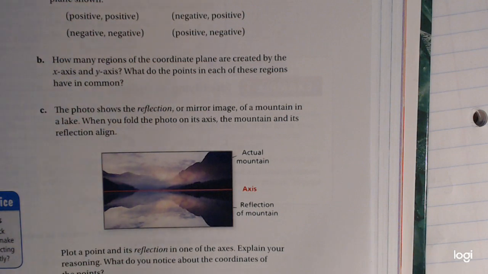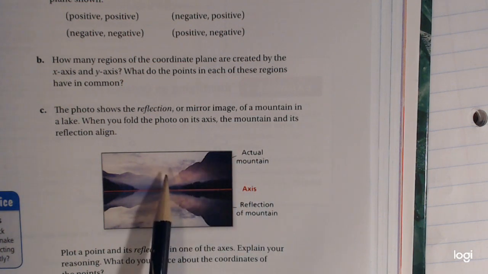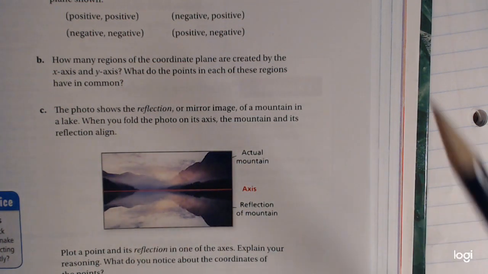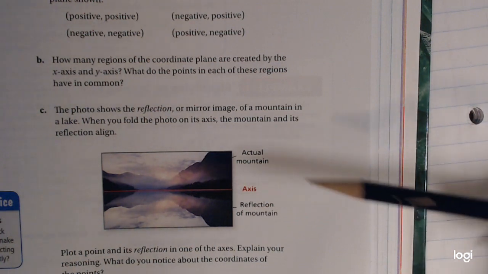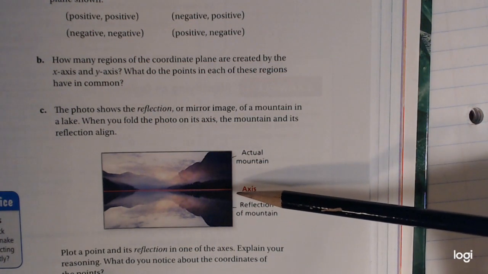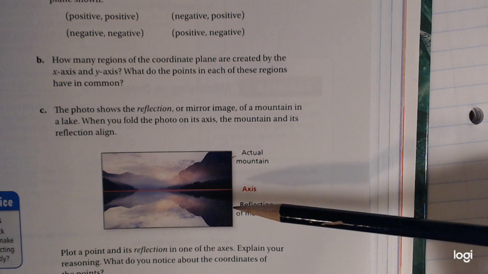So in your math textbook on page 369, you have a picture showing the scene of a mountain. You have the axis here that they put on the picture, and you will notice you have the mountain line, you have the sky here. This is a photo that shows a reflection, a mirror image, of a mountain and a lake.